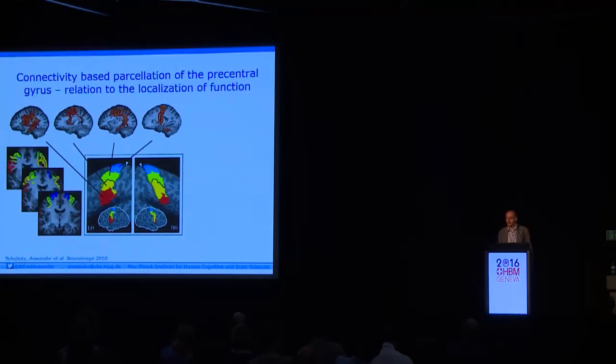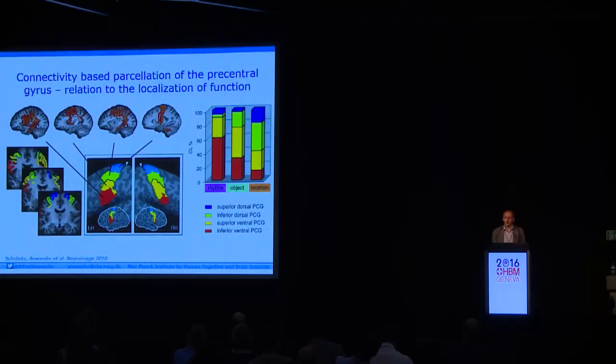And if we map this together with the functional activations, we had 3 different tasks. One is the rhythm task, which is the left column. We see that the activation mainly falls in the ventral area in each individual subject. Then we have an object task, which is more like grasping, so the hand area would be activated.